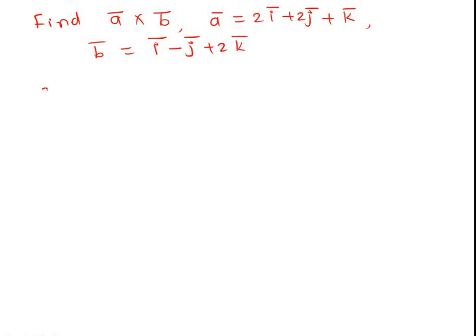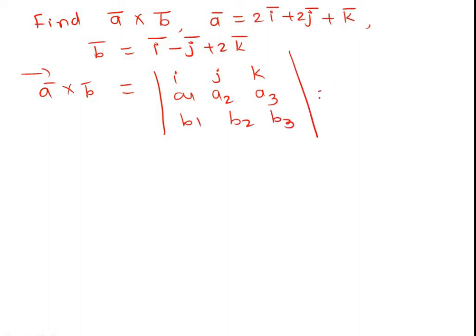So here A bar cross B bar is the determinant of i, j, k, A1, A2, A3, B1, B2, B3. Putting values here: i, j, k, the values of A are 2, 2, 1, and the values of B1, B2, B3 are 1, minus 1, 2.